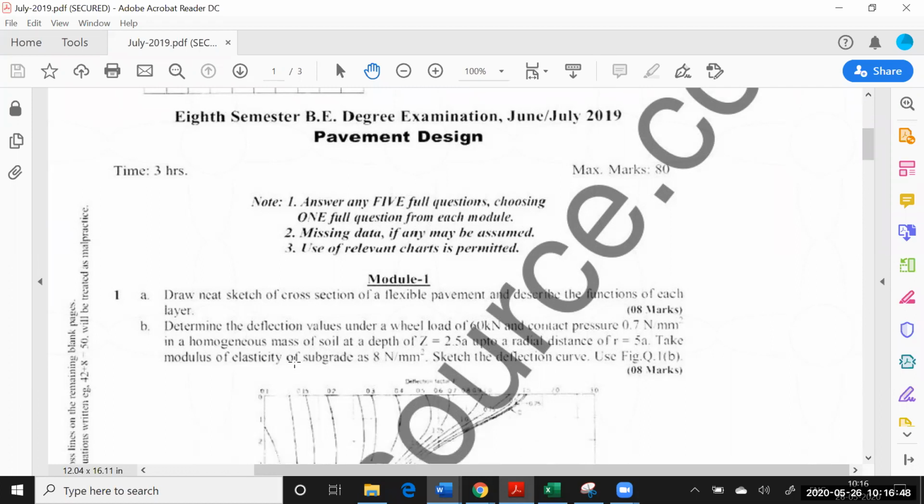Draw a neat sketch of the cross section of a flexible pavement and describe the functions of each layer. I think this question is very clear. You know that a flexible pavement has a layered structure, and the load distribution will be in a truncated pattern. The top layer carries a higher magnitude of load, and the stresses decrease as we go down.